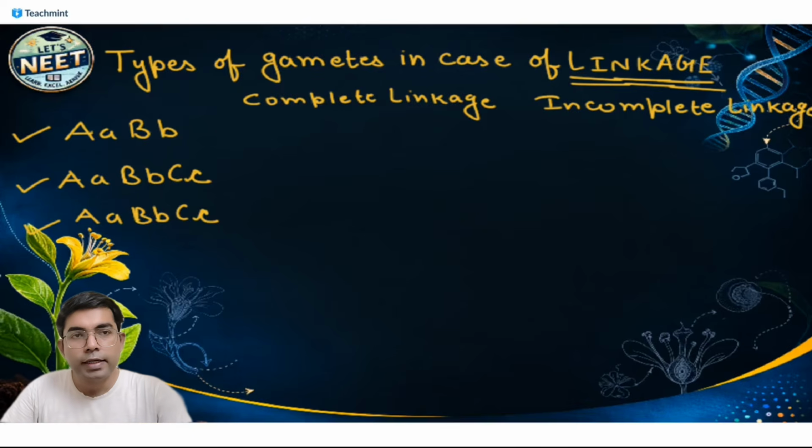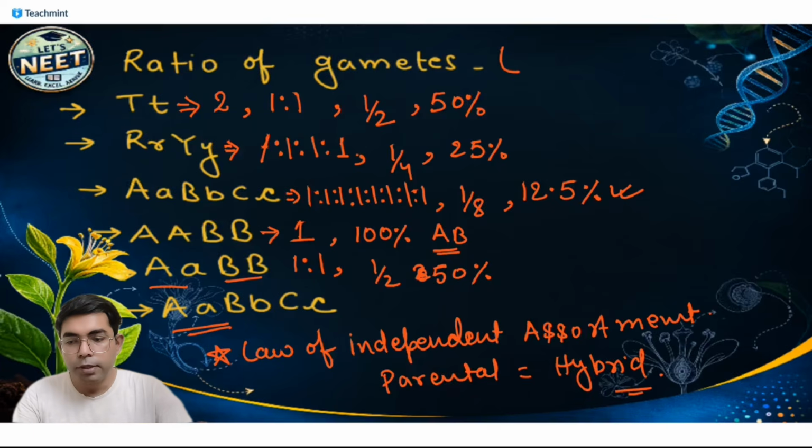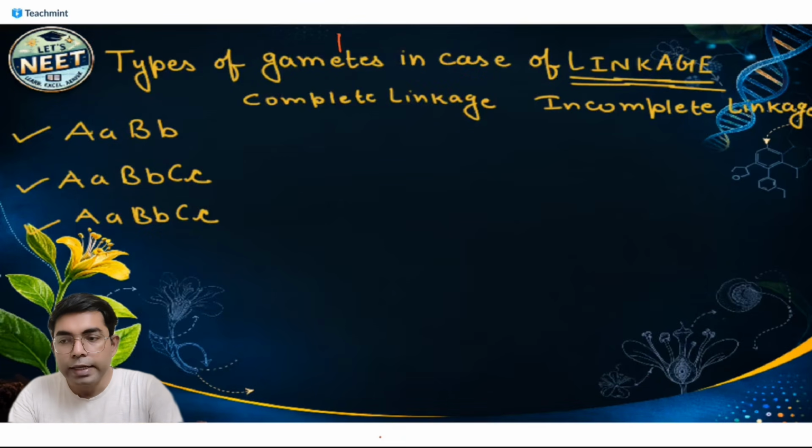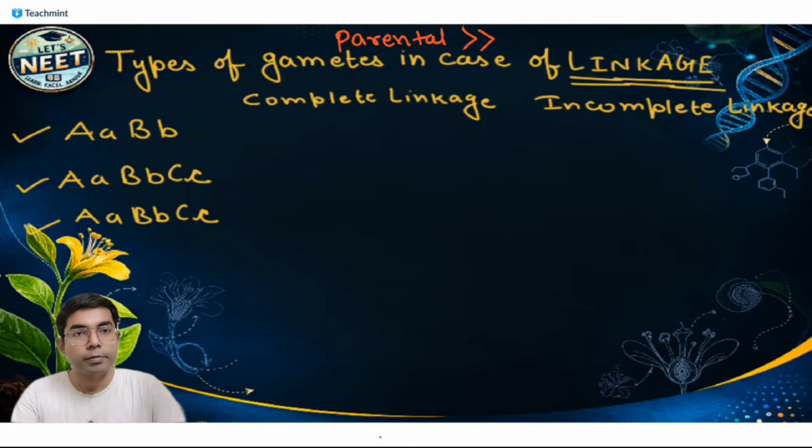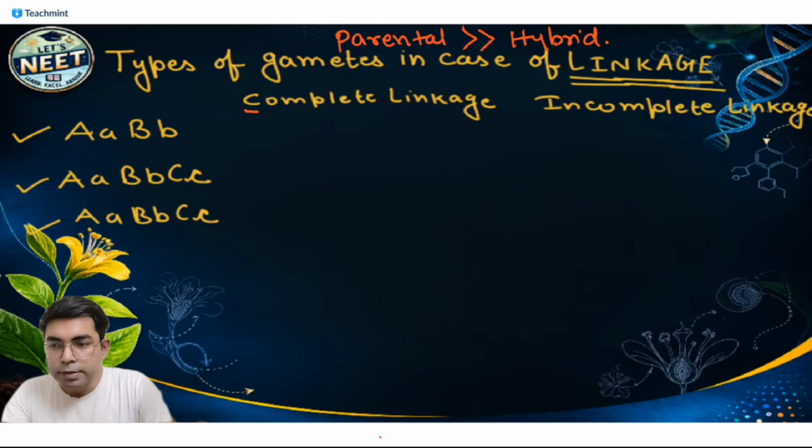Now we have seen that in case of independent assortment, parental and hybrid are equal. But we know that in linkage, the parental is more as compared to hybrid, right? So we can say parental is more than 50%. Now there is a concept of complete linkage and incomplete linkage.